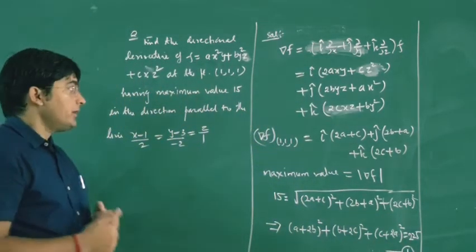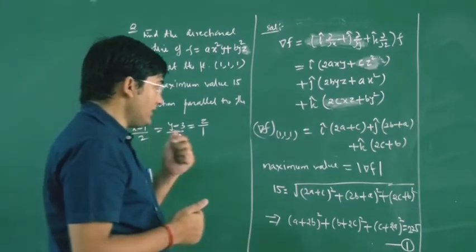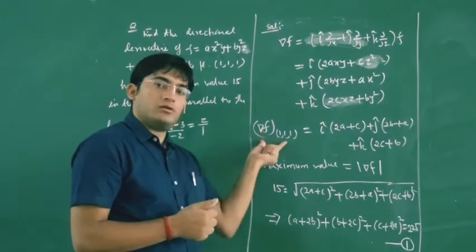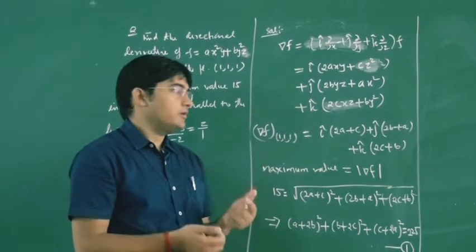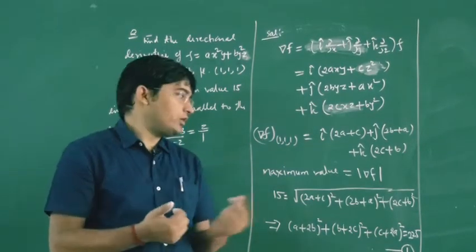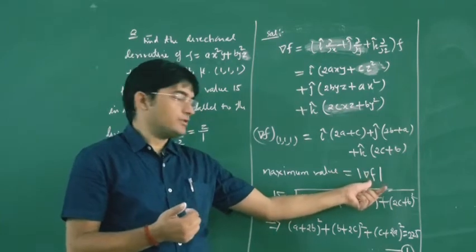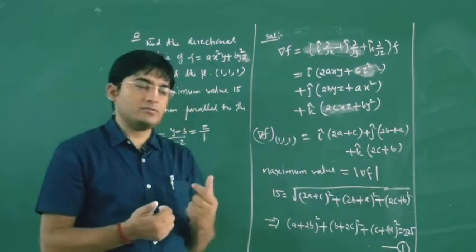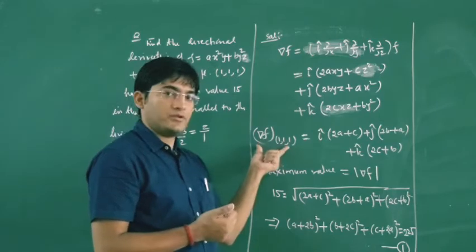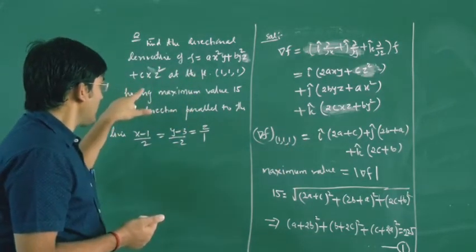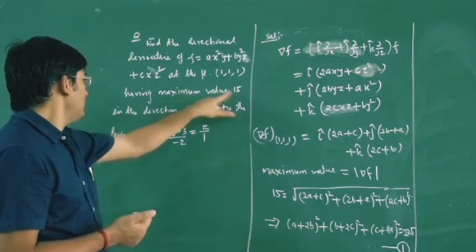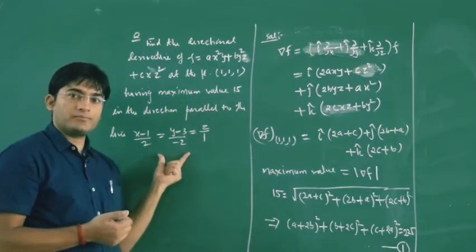Now again it is given that this is also the direction of the directional derivative, because we know that the maximum value occurs in this direction. The maximum value is mod of grad f, and this maximum value occurs in the direction of grad f. Now here it is given that the directional derivative has maximum value 15 in the direction parallel to this line.